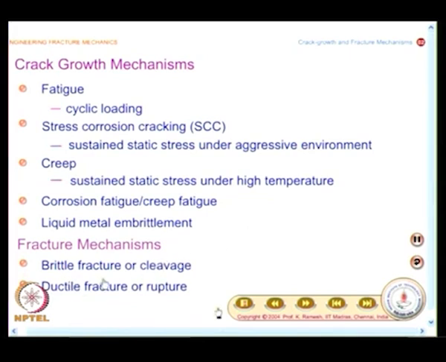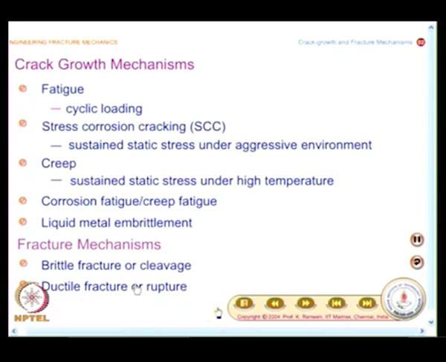You could have brittle fracture or cleavage fracture. We would see each of them in detail. You have ductile fracture, which is also called rupture. We would see each of these in detail, and brittle fracture is very fast. Ductile fracture is also equally fast from a conventional point of view, but compared to brittle fracture it is slower.